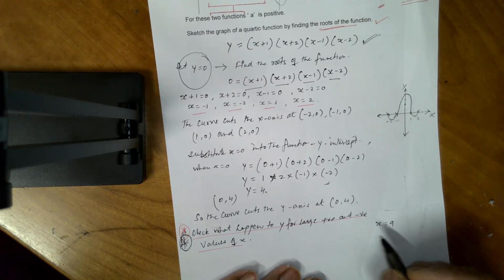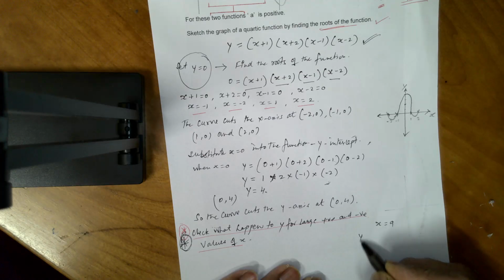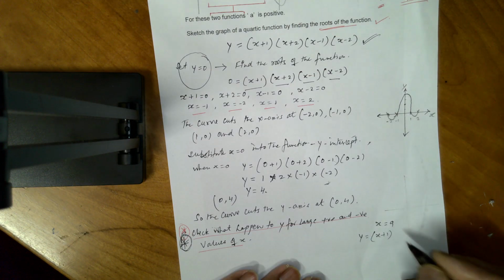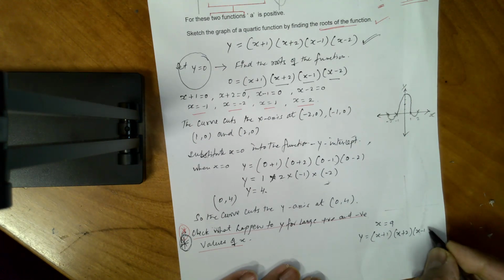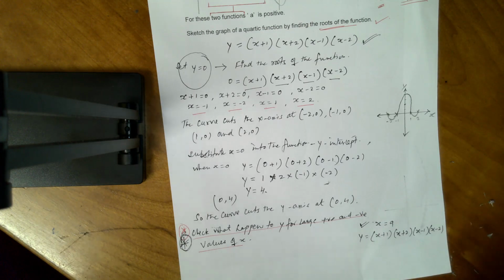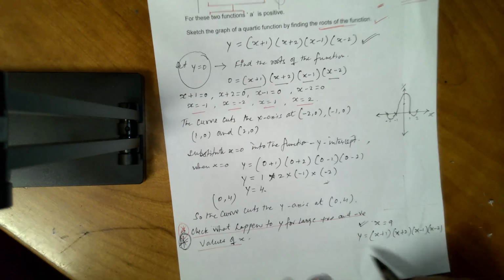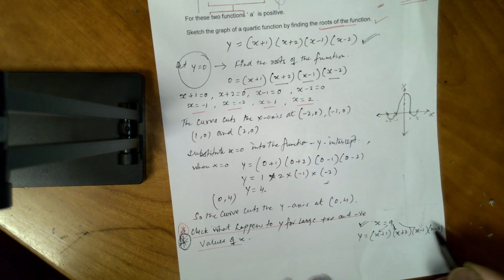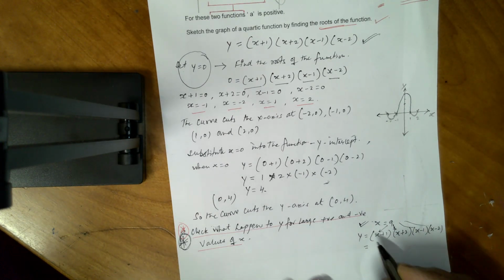Okay, so what was your question here? So you can say that's your quartic function. Okay, so this is just for you. So you insert this value in here, right?